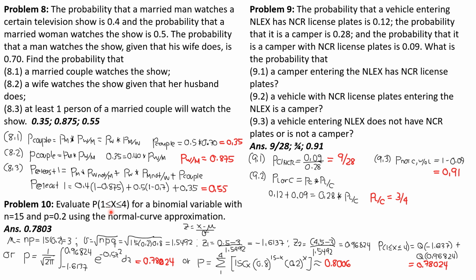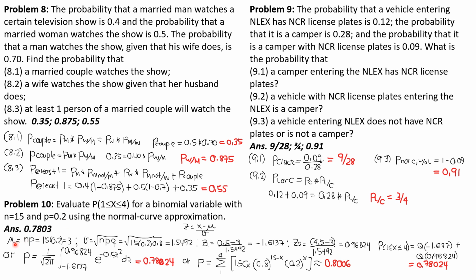In the normal distribution approach here, since this is a binomial variable, in finding the z-score we should consider 0.5 to the left of 1, and 0.5 to the right of 4.